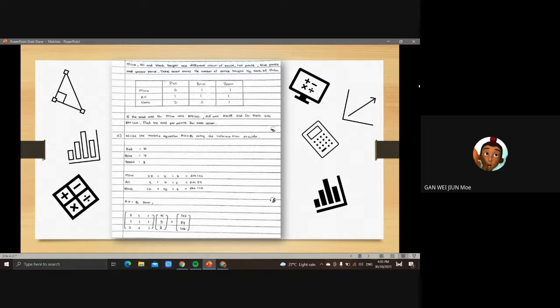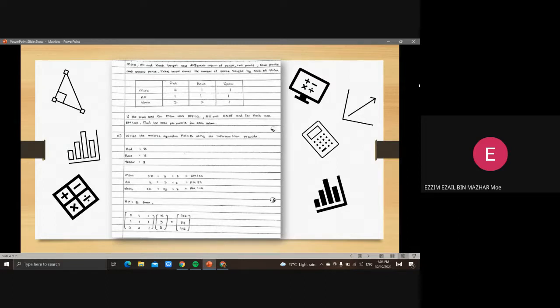May I proceed? Yes. So from the equations I created above, I change them into AX equals B form. I create a bracket to represent the matrix, and on the first horizontal row I put Mira's equation, 2 1 1, second row 1 1 1, and third row 2 2 1.